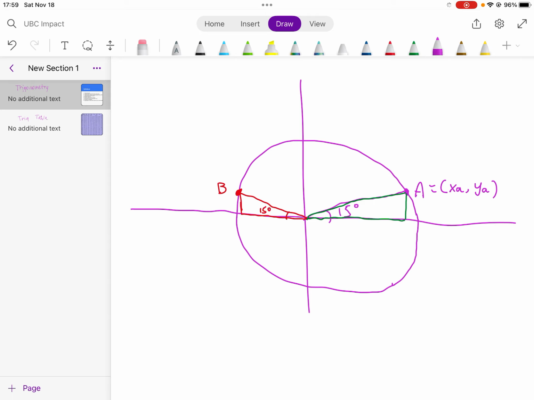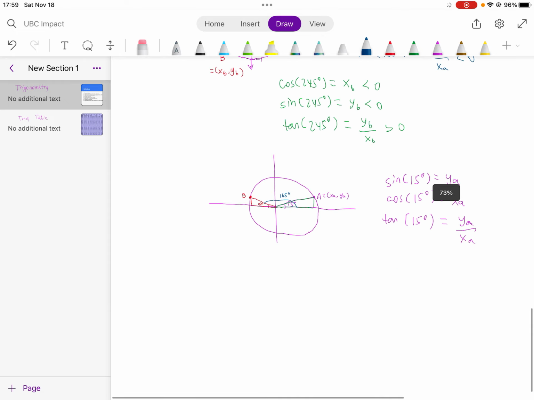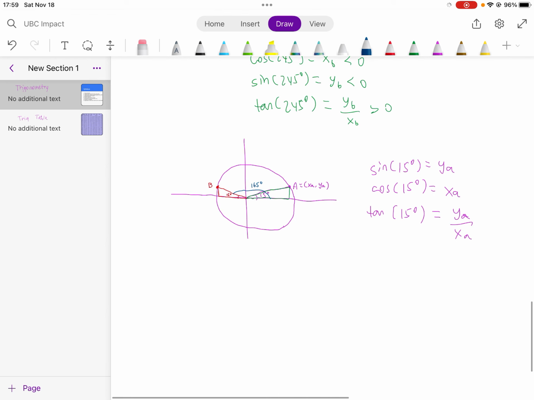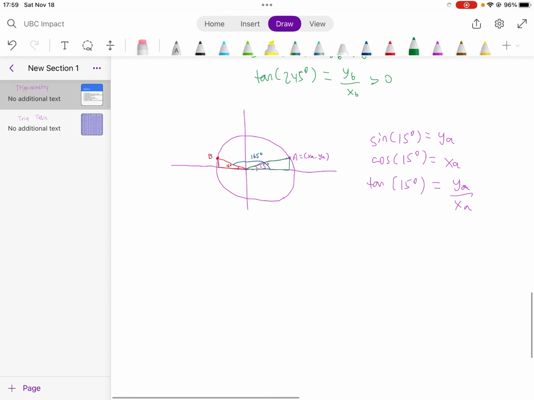Which means the big angle here, the one we care about, is 165 degrees, because 15 and 165 add to 180. Now because the angle here is 165 degrees, we can figure out what sine, cosine, and tangent of 165 degrees are.